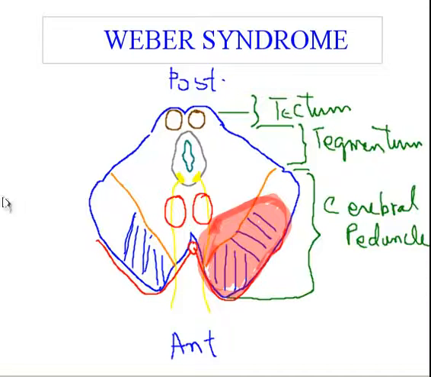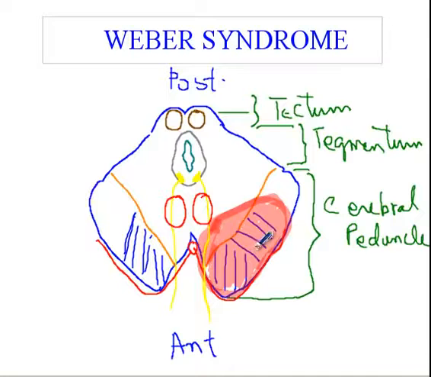Let's go through the anatomy again. We will have the third nerve here. You have the third nerve involved, which would give an ipsilateral third nerve palsy. So you will have a ptosis, the eye would be deviated outwards, and the pupil will be dilated.